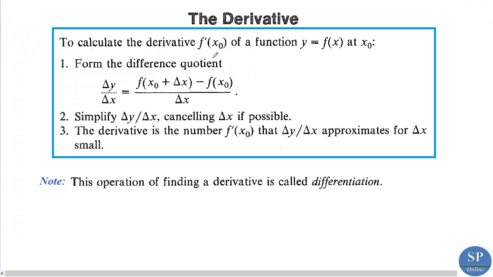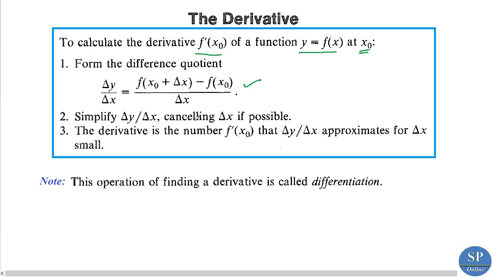So to calculate the derivative f dash of x naught of a function y equal to f of x at the point x naught, first we have to form the difference quotient, that is delta y by delta x, which is nothing but f of x naught plus delta x minus f of x naught divided by delta x. Then we simplify this expression by cancelling delta x if possible.